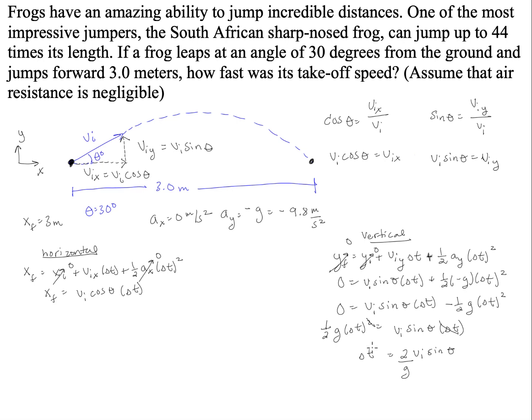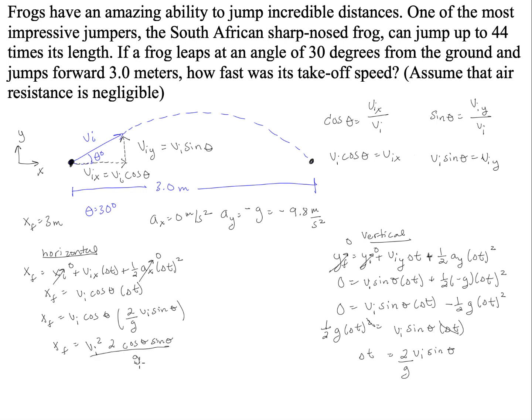And now I can plug this delta t in for the horizontal equations. So let's go ahead and do that. All right, and I'll go ahead and clean that up a little bit. So x final is, looks like you had a vi squared times 2 cosine theta sine theta over g.